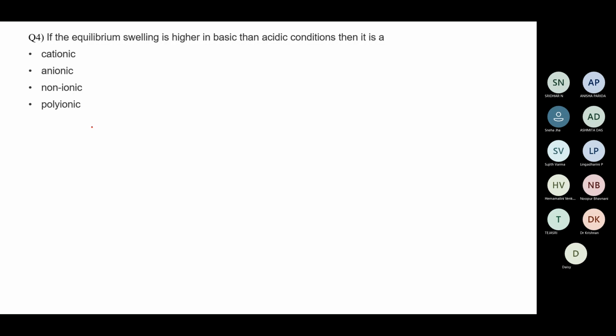So anyone have any answer in mind? Can anyone tell me what is equilibrium swelling? Can anyone have any idea what is equilibrium swelling?